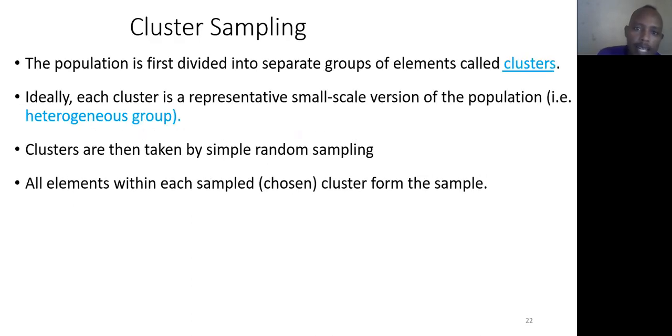Let us talk about the cluster sampling method. In case of the cluster sampling method, we divide our population into separate groups, and those groups are called clusters. The basic point here in case of the cluster sampling method is that each cluster should have heterogeneous characteristics, or the characteristics of one cluster should represent the characteristics of the population.